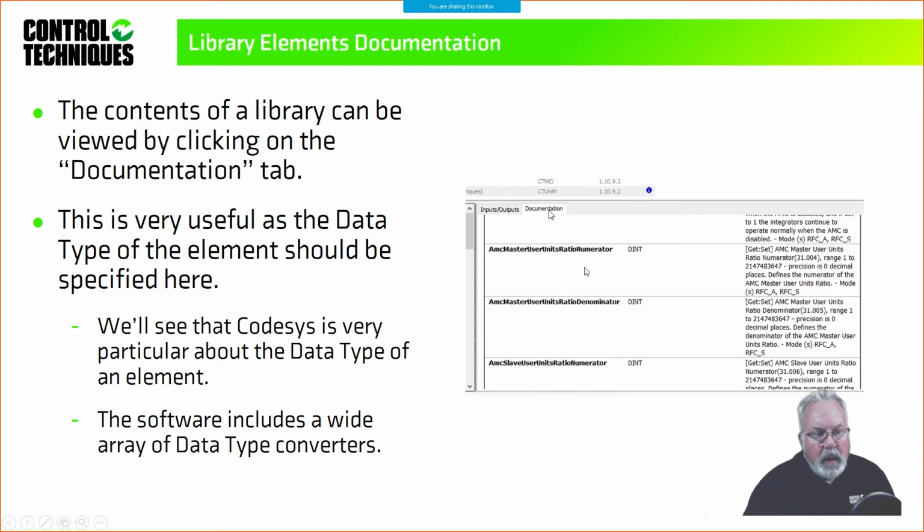And when you're working with variables and drive parameters and perhaps doing math and things like that, the data type of the parameter that you're looking at is critical. Now, there are a lot of data converters included in Machine Control Studio.